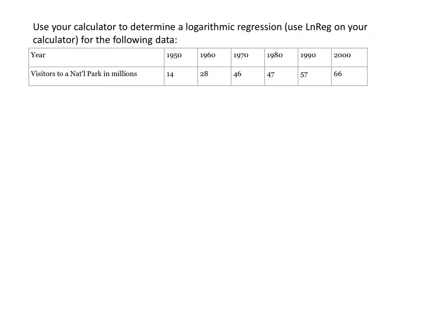Now, your favorite and mine, you have to do a logarithmic regression. And I even give you the hint to use lnreg on your calculator for the data. So remember that it's stat. Number 1 is edit. This will be L1, this will be L2. Then you will quit.